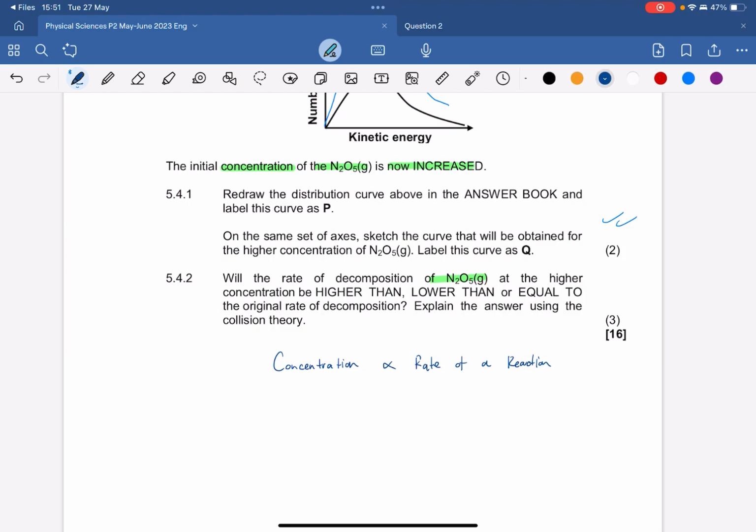So what does that mean? That means when the concentration increases, the rate also increases. When the concentration decreases, the rate of the reaction will also decrease. Wonderful. And that's our answer.